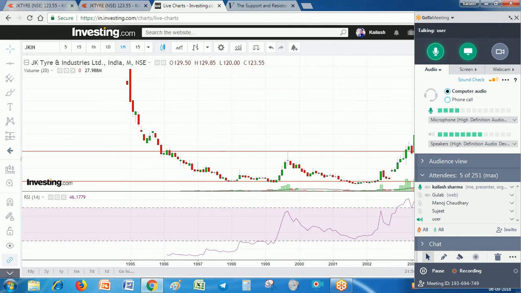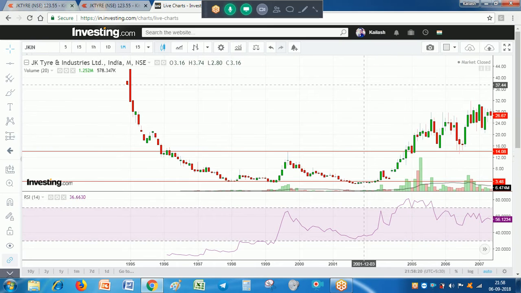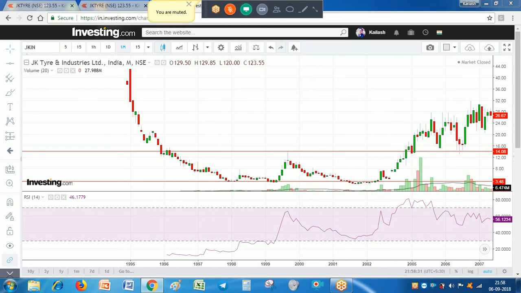Okay, no issue, sir. Just click over this icon, sir. Your icon looks green, so it should be orange. Once it is orange, you will not hear me. Look at this, friends, how to unmute and how to mute. Just click on this.